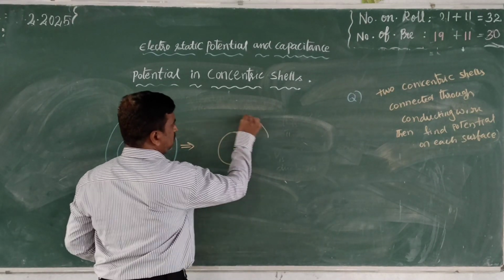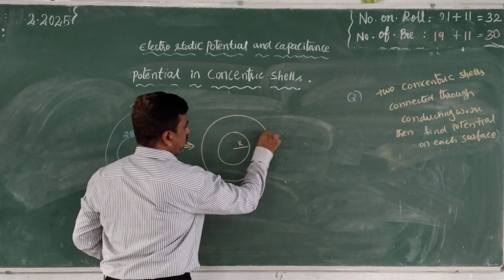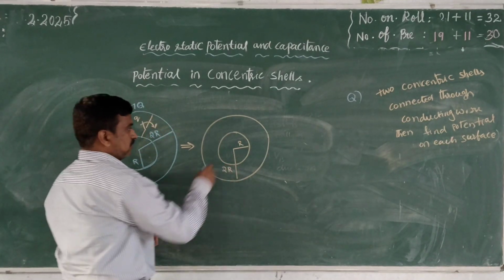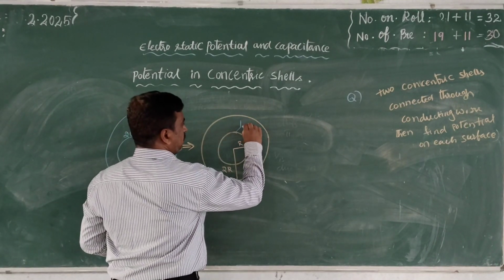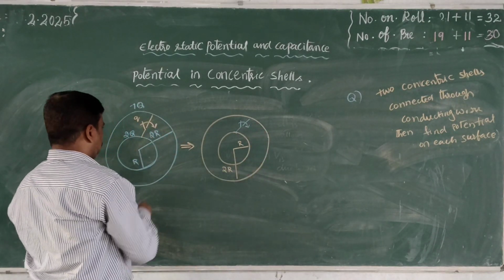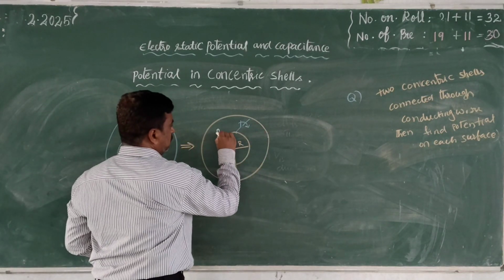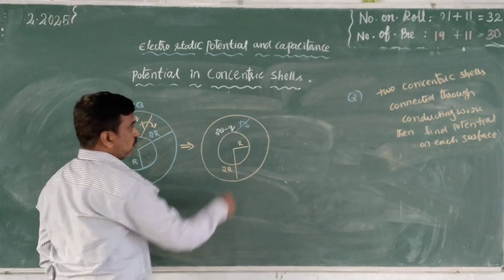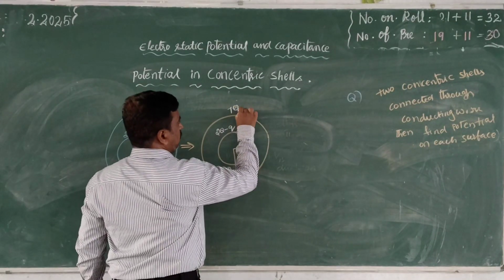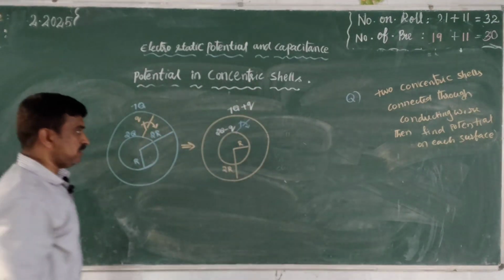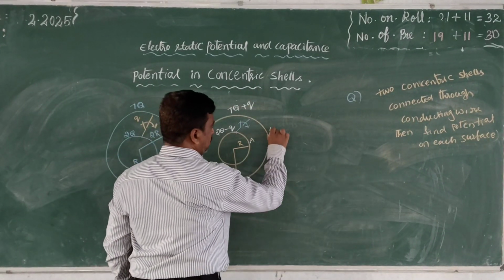This is the second sphere, radius is 2r. Actually, what is the charge here? 2q is there. After transferring, it will lose some charge, so 2q minus q. Here it gains charge, so 7q plus q. See, it is the surface A, it is the surface B.